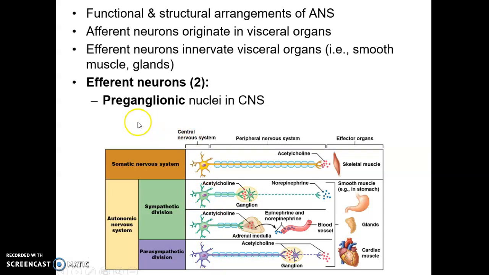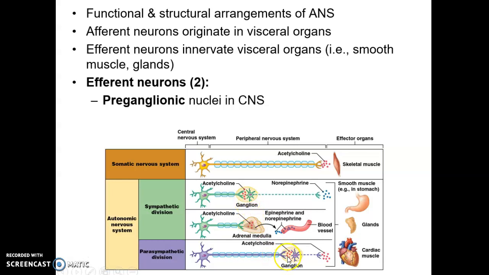The first efferent neuron in the autonomic nervous system is referred to as the preganglionic neuron because its cell body and its axon or fiber is before the ganglion, where the synapse with the second efferent neuron occurs. And again, we're considering the adrenal medulla as the second efferent neuron structure.